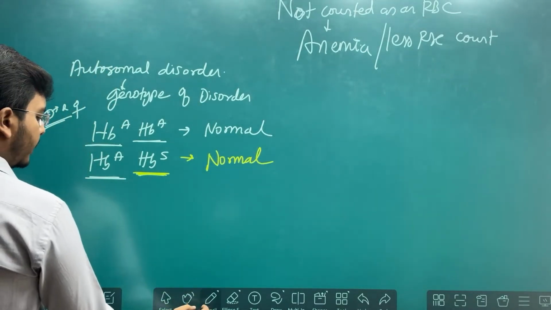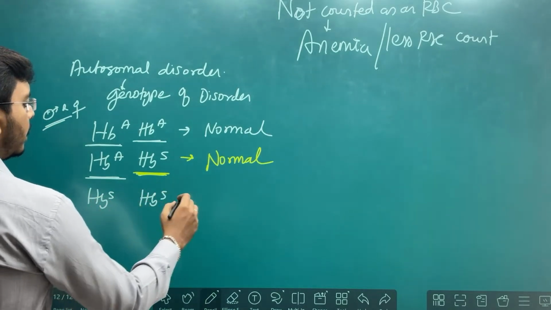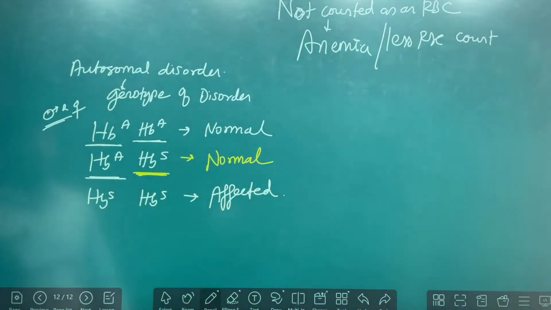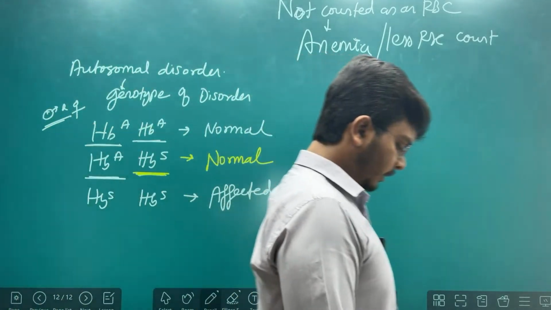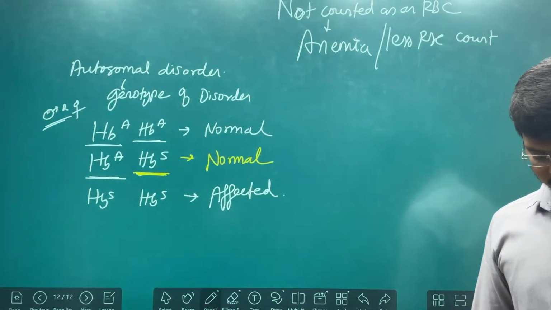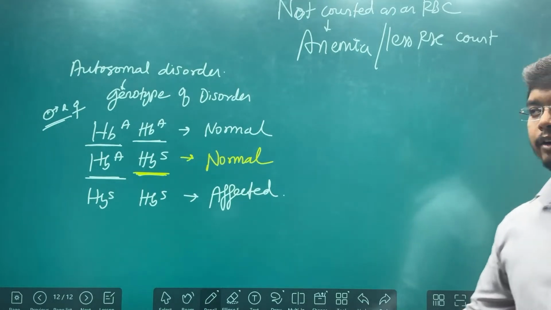Okay, next one, consider HbS, HbS, and they are affected. Are you getting this point? Right? So this is how sickle cell anemia is getting affected.